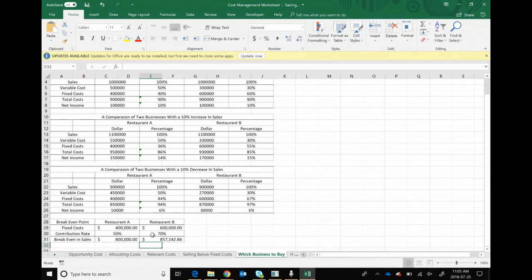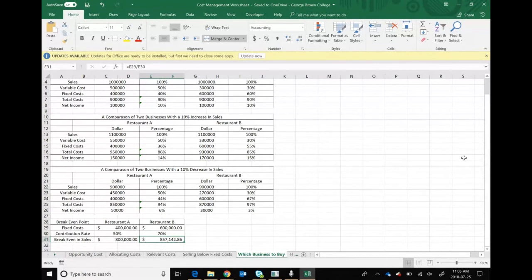What this means is that if you purchase restaurant A, your break even is $800,000. Restaurant B, your break even is $857,000.